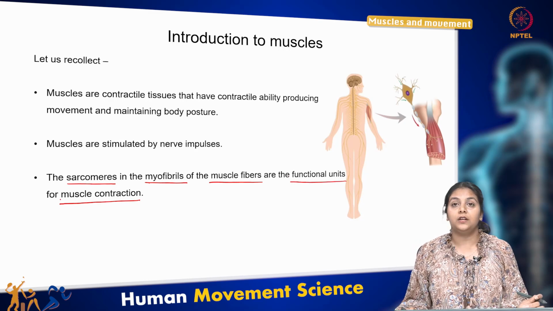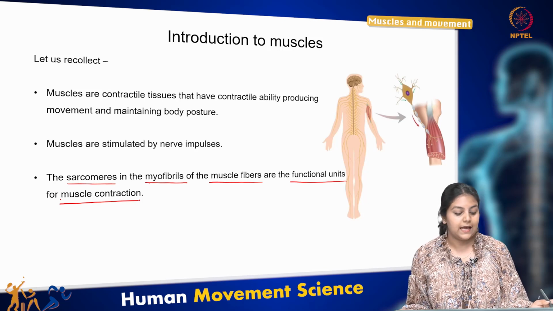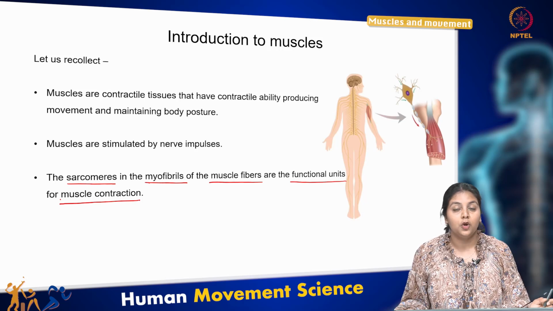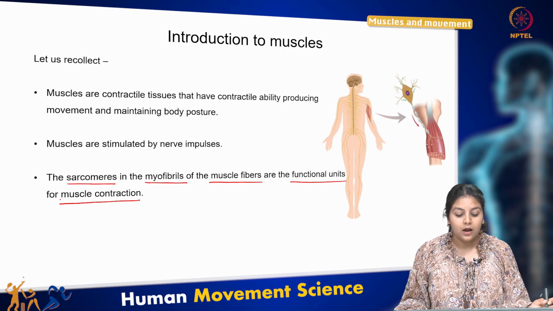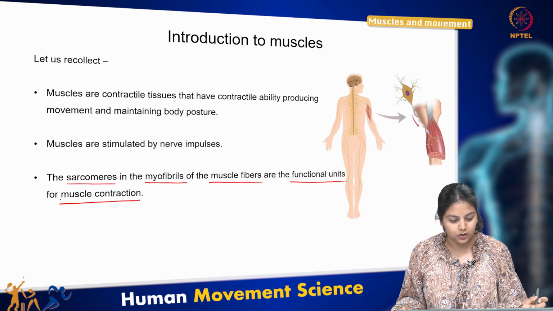We've looked at the different layers that are there in the muscle, the superficial layer and the deep layer that has all of your muscle bundles, sarcomeres, and myofibrils, what these components are and how they are the key functional units for muscle contraction.